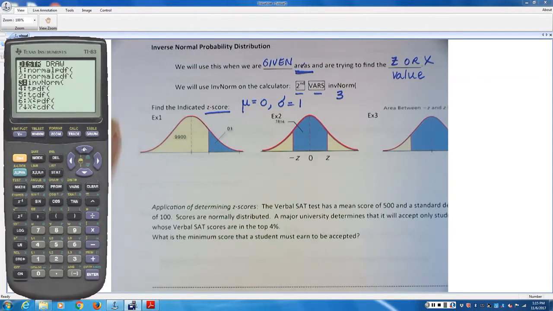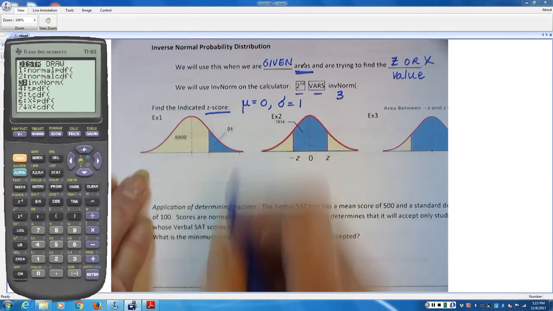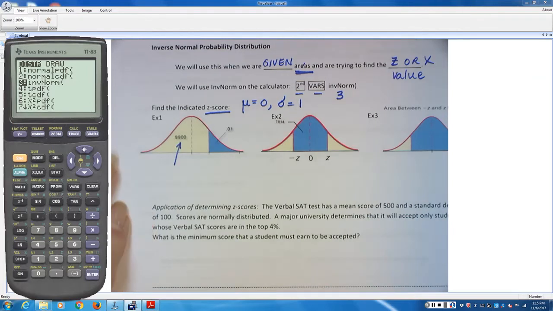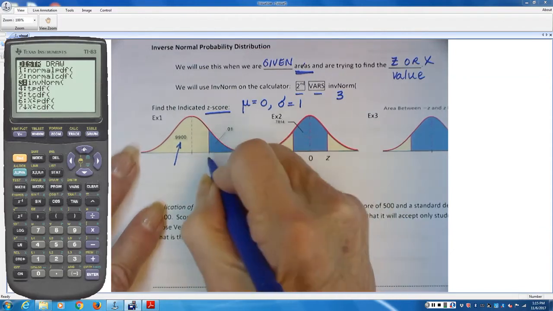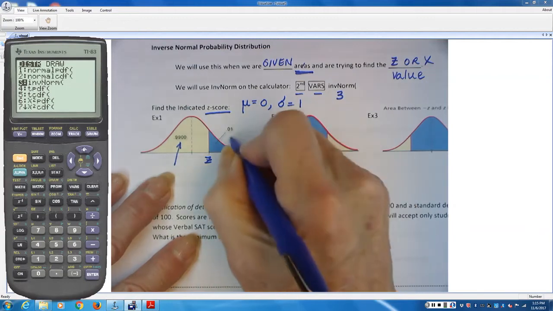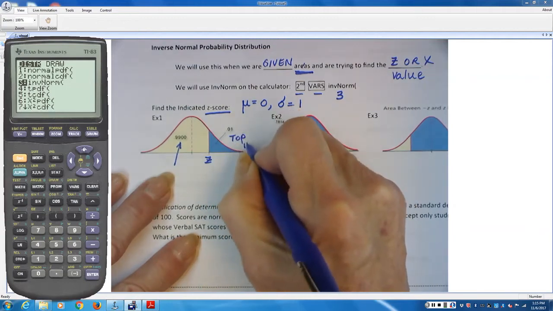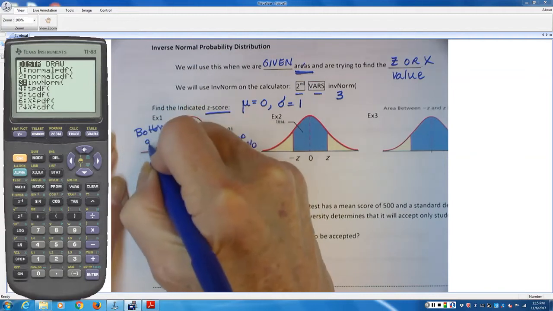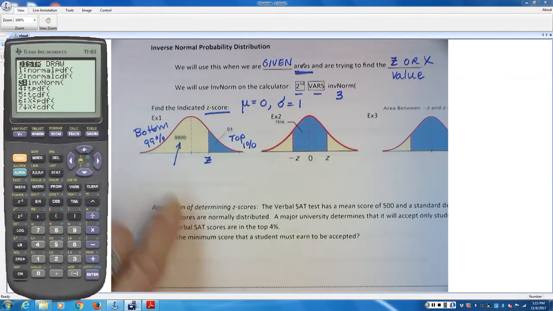Now when we do inverse norm, the input is always going to be the area to the left. 0.9900. So the z-score that separates the top 1% from the bottom 99% is going to be found by putting in the 99% that's on the bottom.